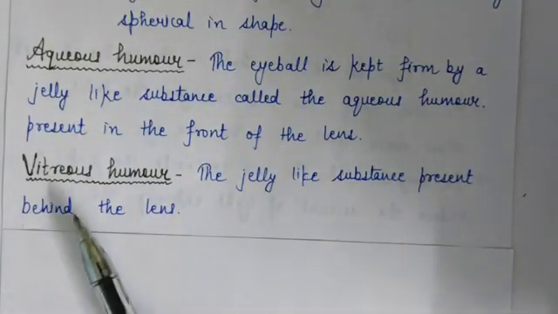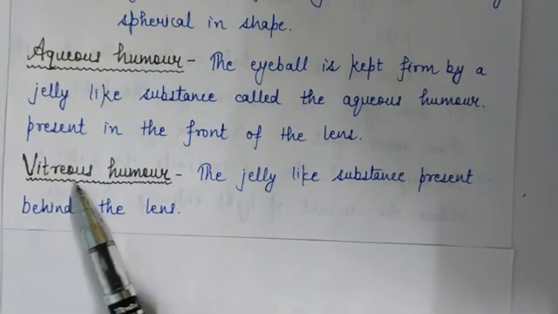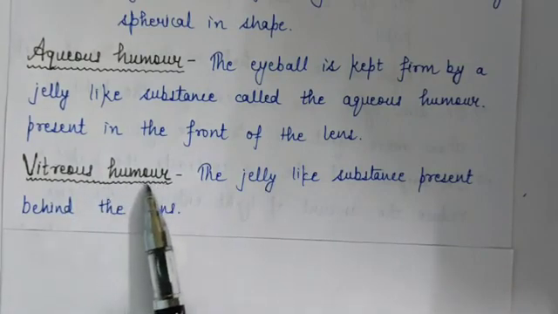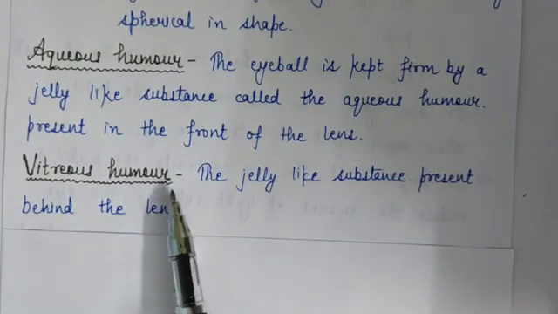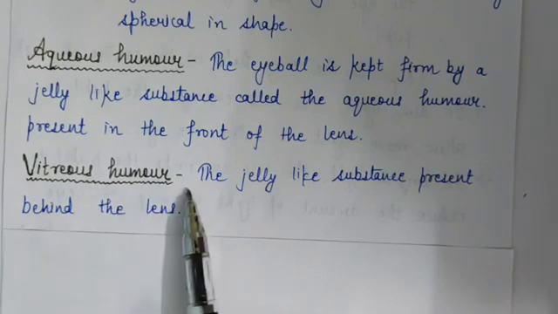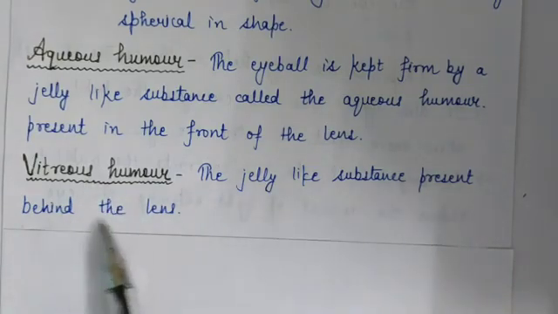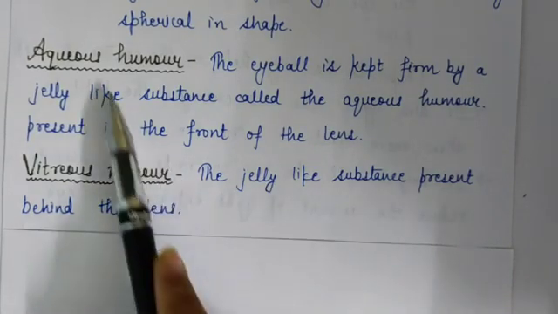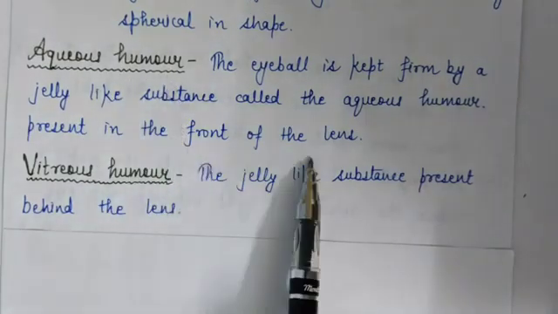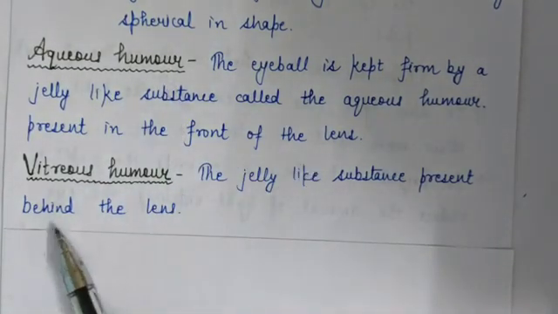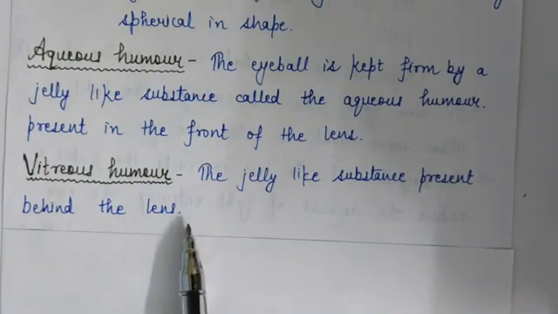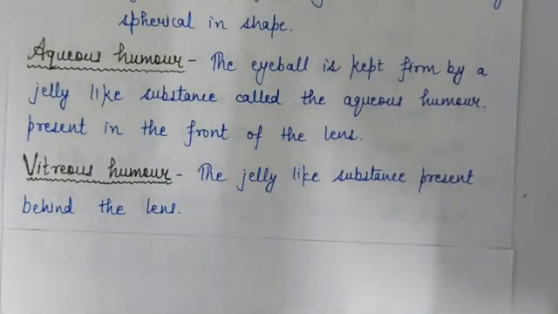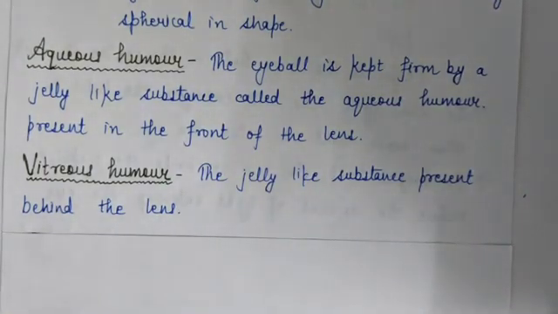And another jelly-like substance is vitreous humor. It is also like a fluid, and this vitreous humor is present behind the lens. And other is eyelids. The eyelids protect the eyes from injury and shut out light when not required.